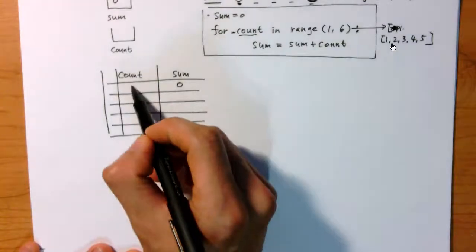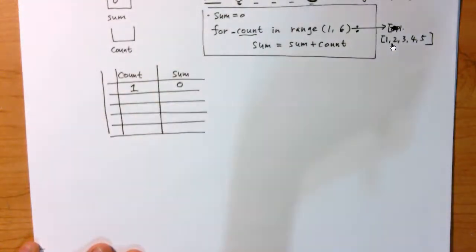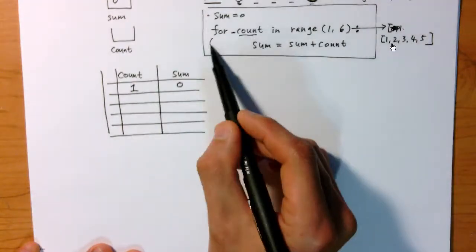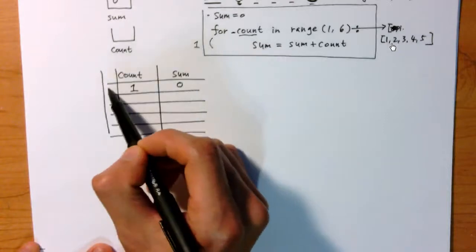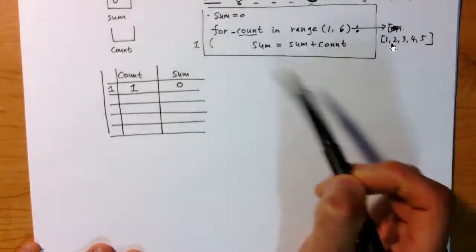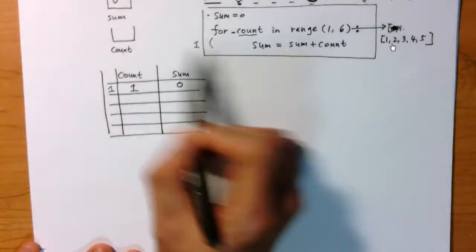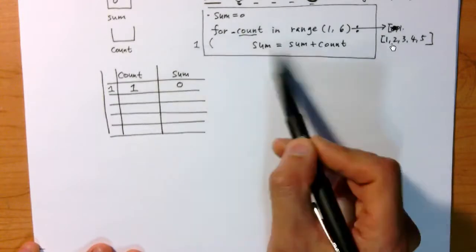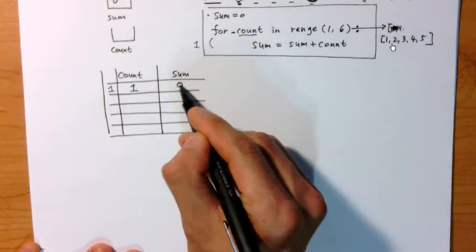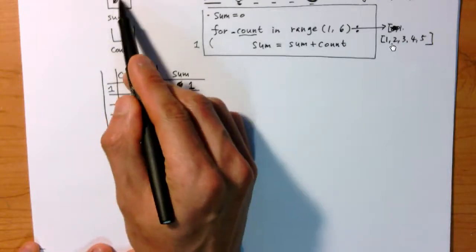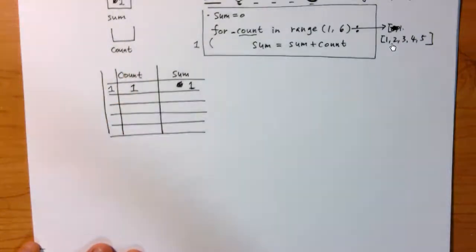So count is 1. This is iteration number 1. In the first pass, the first iteration, the sum was 0. So 0 plus count, which is 1, becomes 1, right? So sum now becomes 1 in the first iteration.